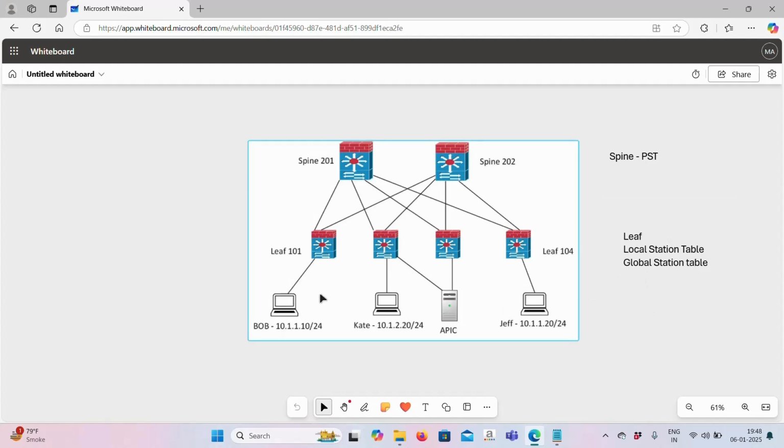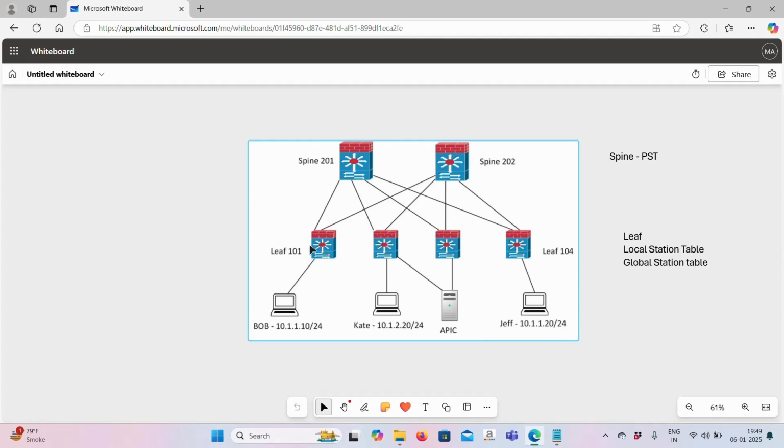Say, for example, the endpoint Bob is connected to leaf 101 on interface 1/10, and on leaf 104, the user Jeff is connected on interface 1/20.